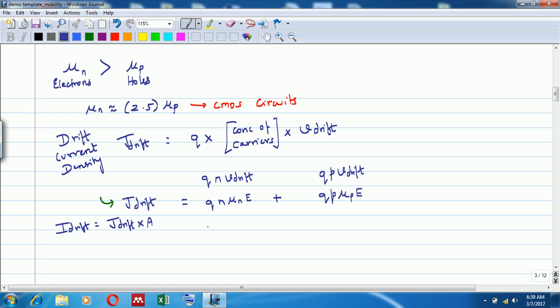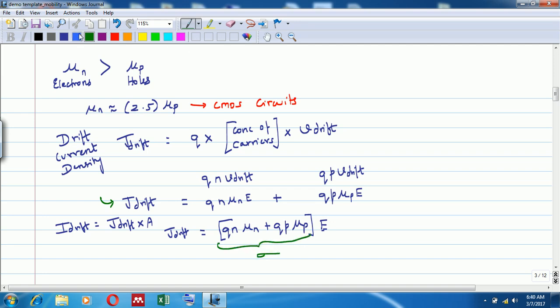This we will write in another way. J drift equals Q times N times mu N plus Q times P times mu P. This whole thing will multiply with electric field. This electric field term we are taking outside. So this is one popular expression which we know. This term is known as sigma.